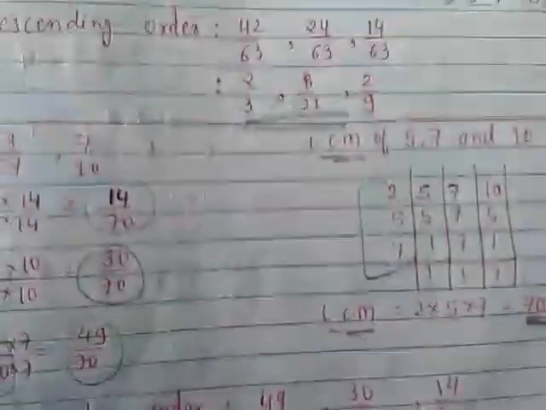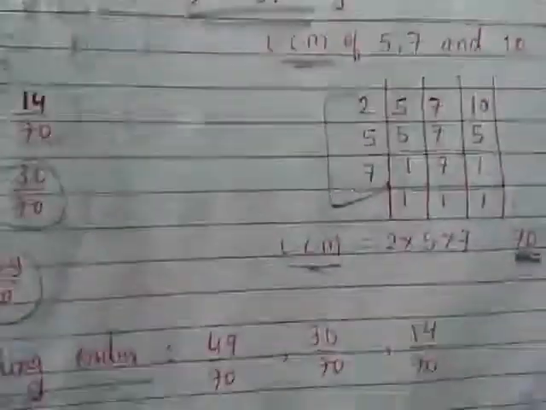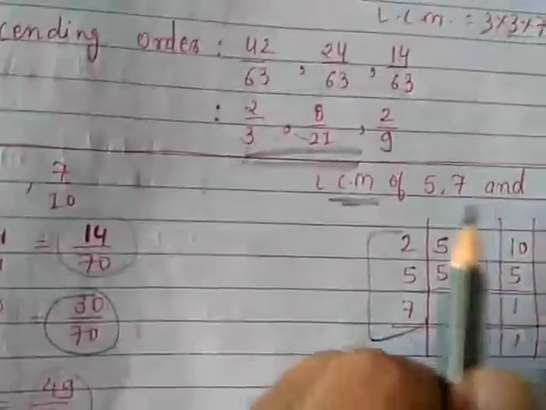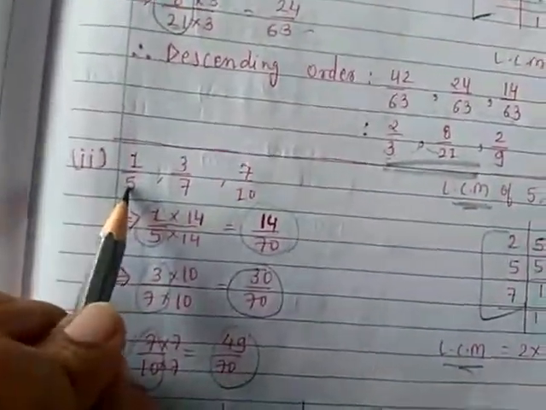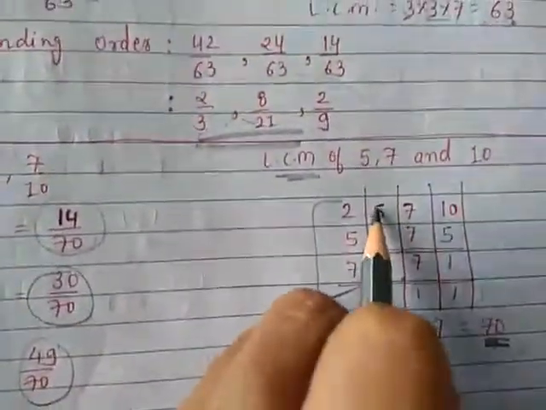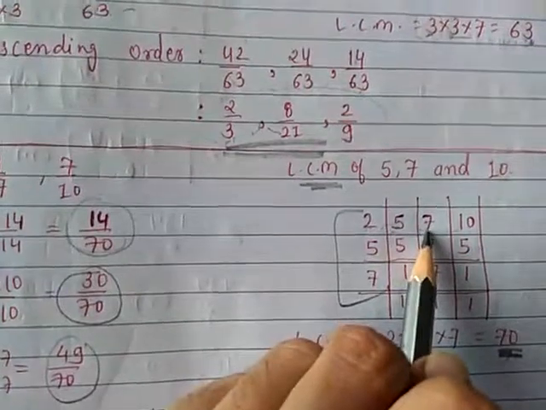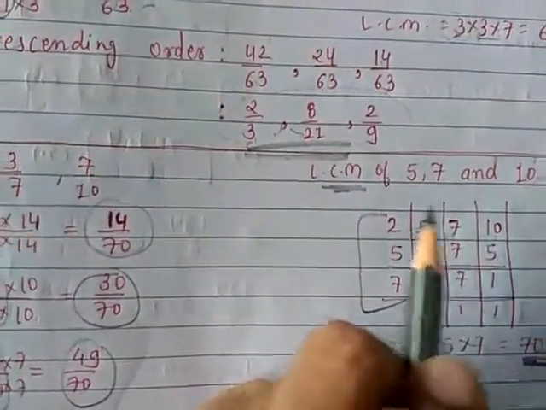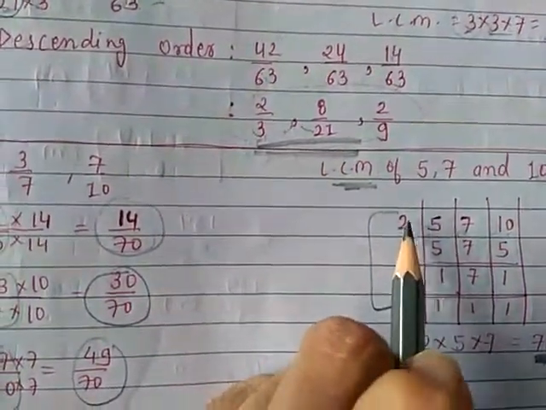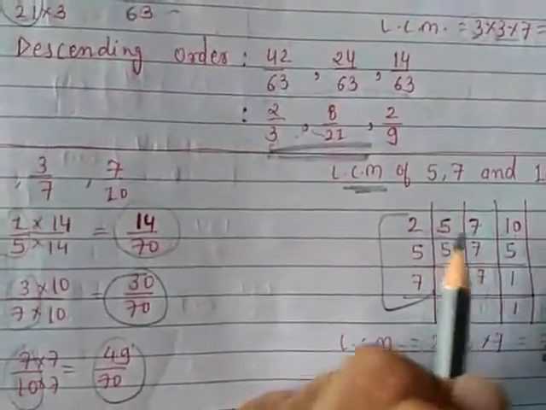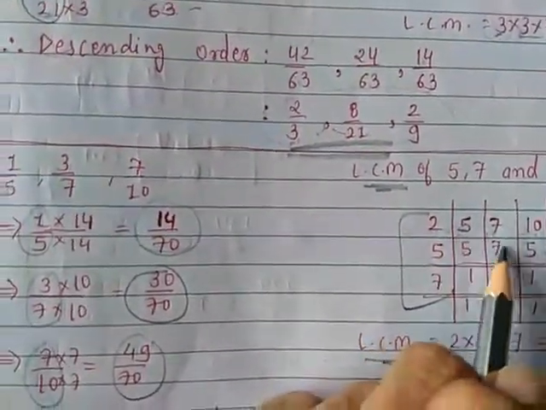Okay students, how to find it? First make a column, and after that keep all the numbers given in our question's denominators: 5, 7 and 10. See, 5 and 7 are odd numbers, but 10 is an even number, so start from 2. So 2 5s are 10 and keep the other numbers as they are.